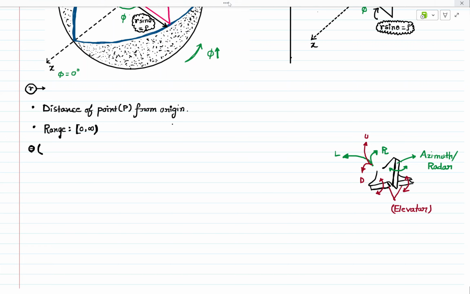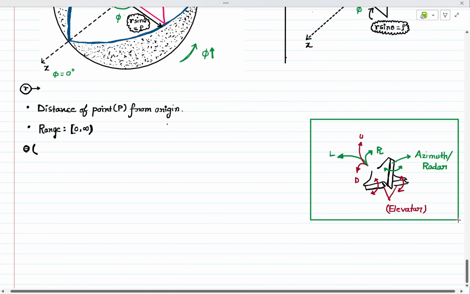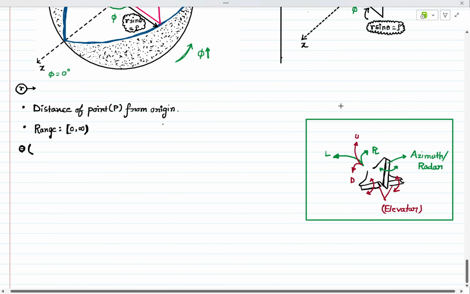Okay, now it will be easy to understand what the theta and phi angles are. Theta is called the azimuth angle. Why do we call it an azimuth angle? I think it will be easy to understand for you.